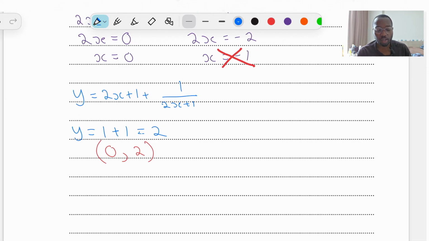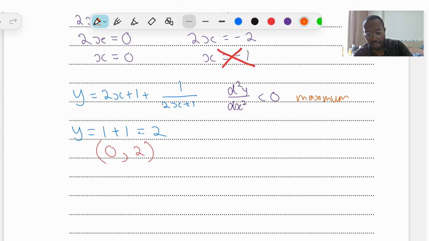Now we need to determine the nature of this stationary point. What they want you to figure out is whether this stationary point is a maximum or a minimum point. If d squared y over dx squared is less than 0 at that stationary point, then it would be considered a maximum.